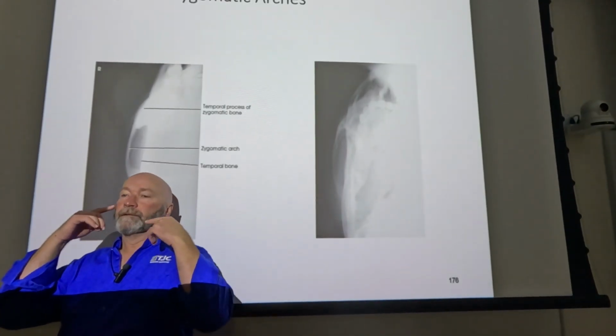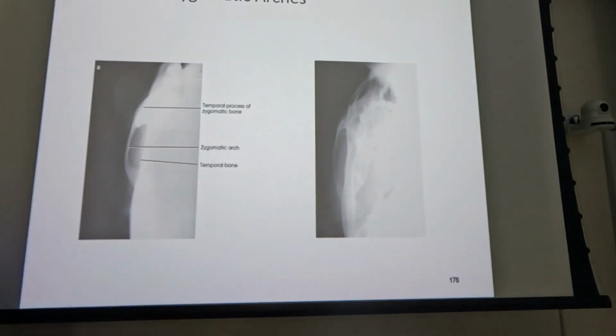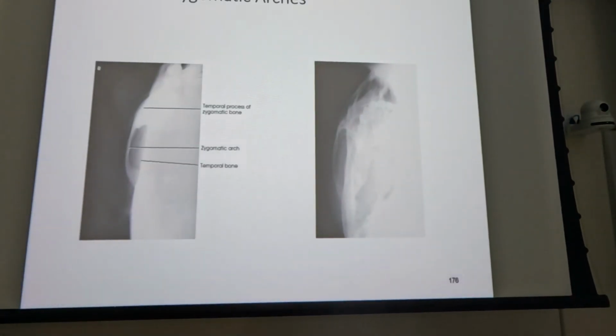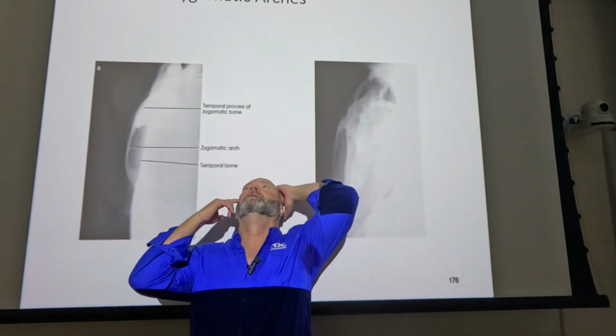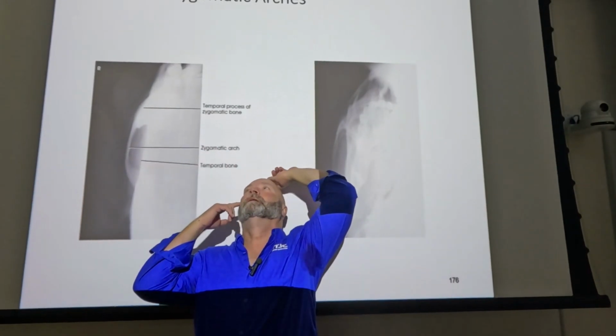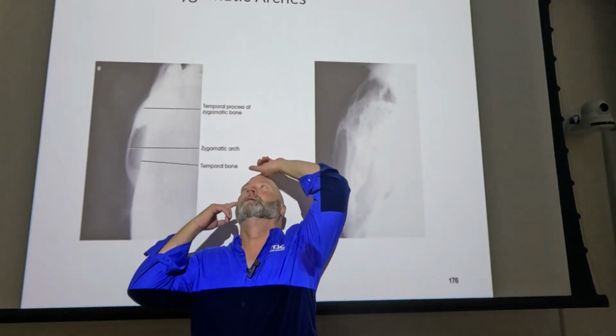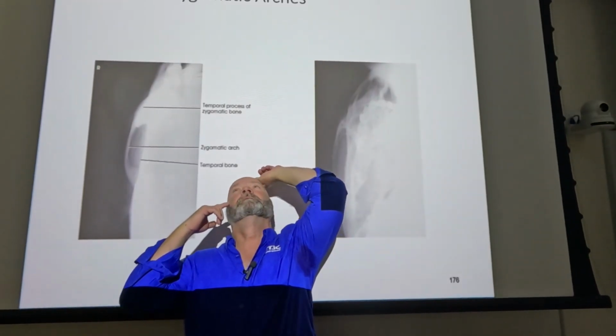Rotate towards the side of interest and then tilt the head 15 degrees away from the side of interest. I think I just tilted in the wrong direction. But tilt the top of the head away from the side of interest. So if we're looking for the right zygomatic arch, tilt the top of the head away from the side of interest. Yeah, like that.